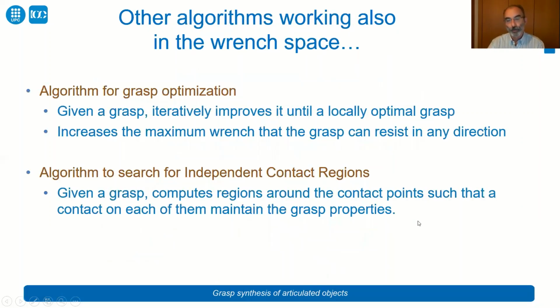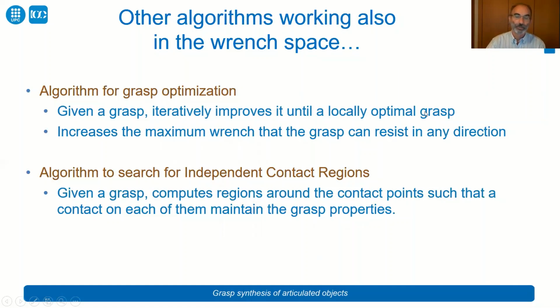Other than this algorithm, some other algorithms can be applied also in the range space. The second one is an algorithm for the grasp optimization. I will not enter into details. There's no time for it now. But the idea is that given a grasp, iteratively improve it until a locally optimal grasp is obtained.